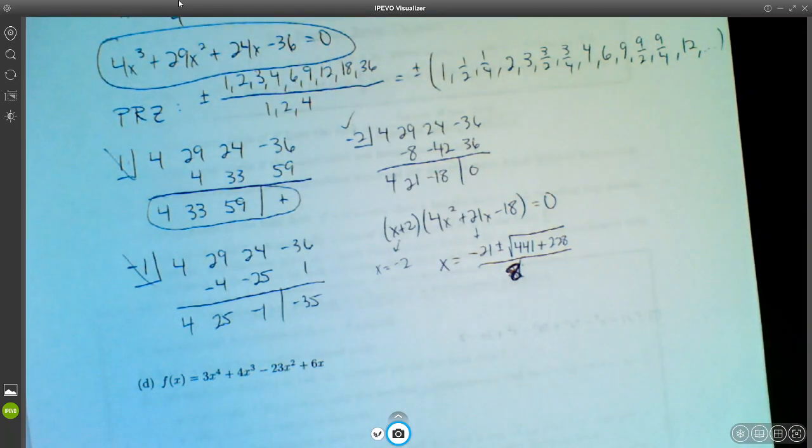Where did I go wrong? Four times 4 times 18.